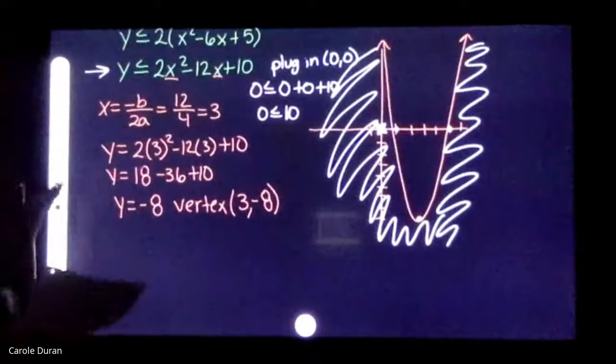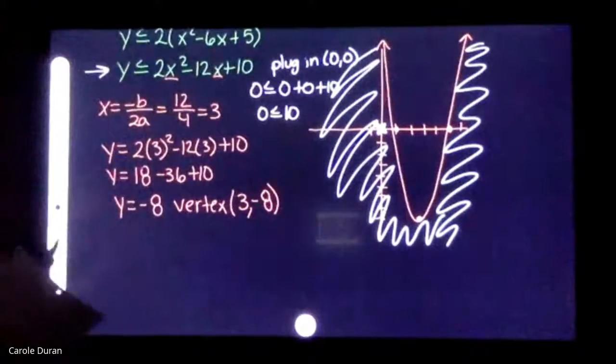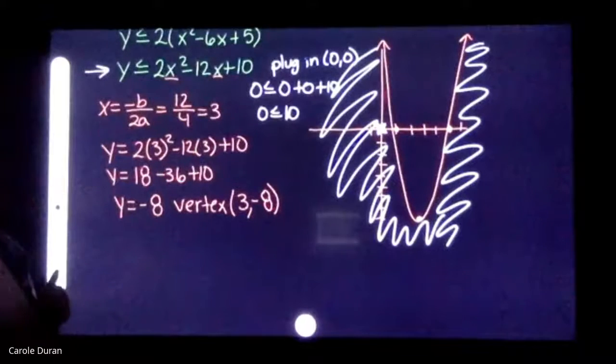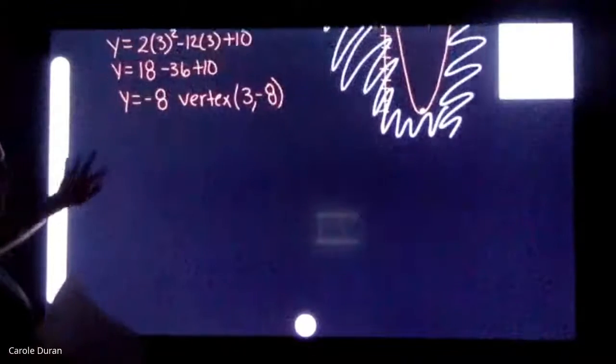So it's not always graphing as the only way that you're going to solve things. There are also algebraic ways of doing it. So I'm going to show you the algebraic way of solving some types of inequalities.